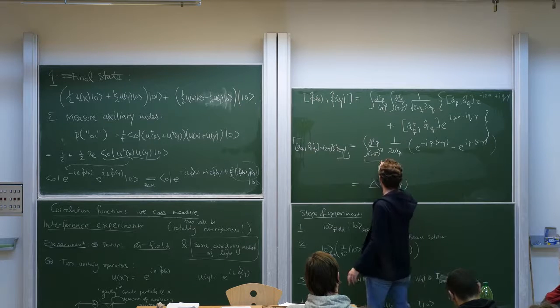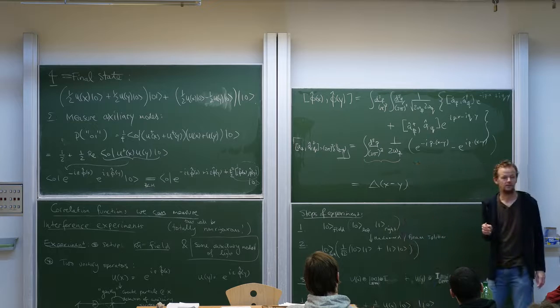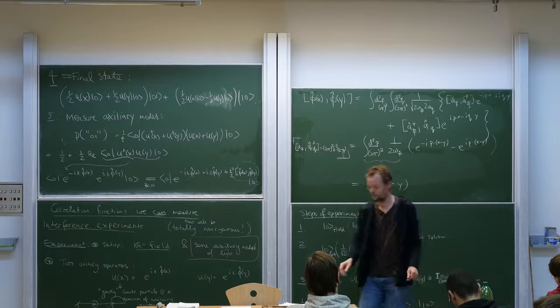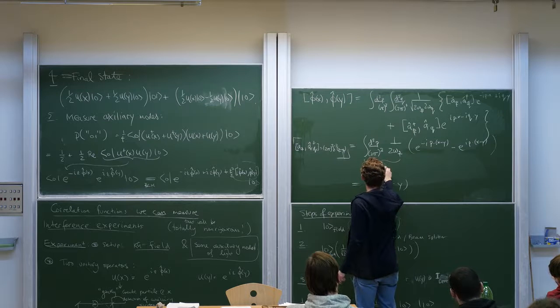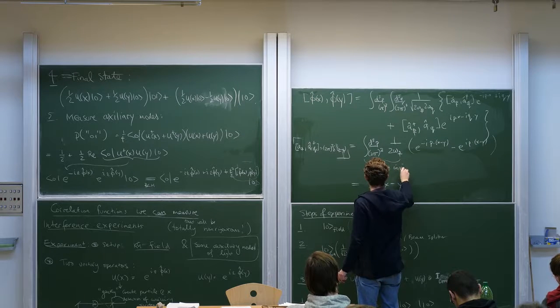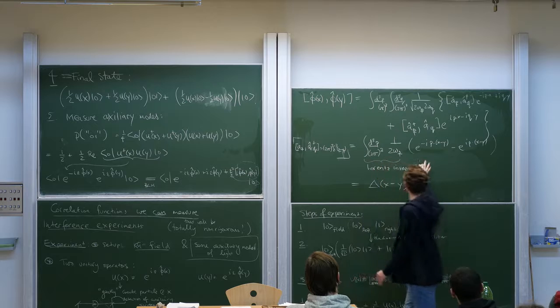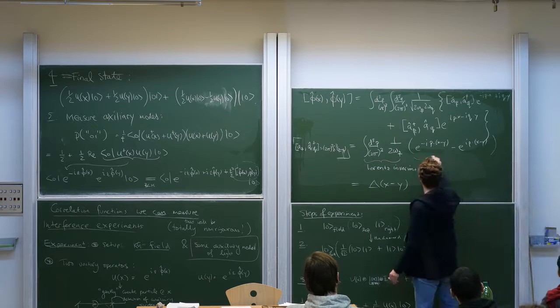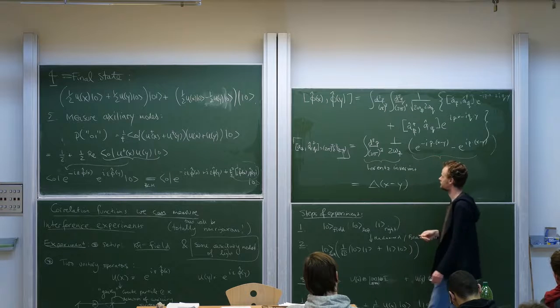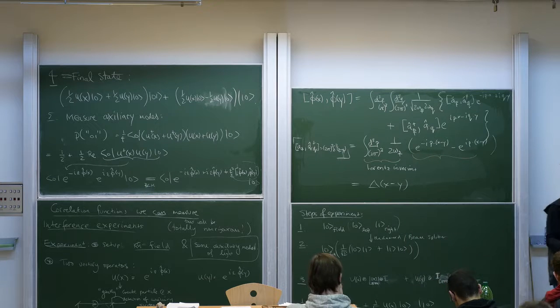So we already saw that that thing there is Lorentz invariant in the previous lecture. And indeed, so is this quantity there. So delta x minus y is Lorentz invariant.